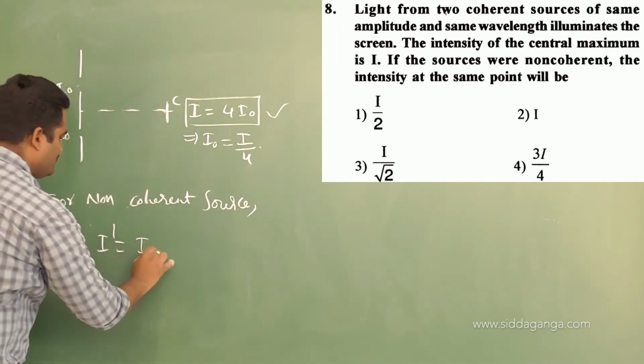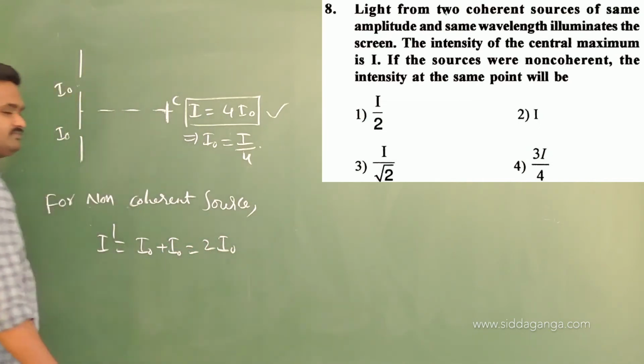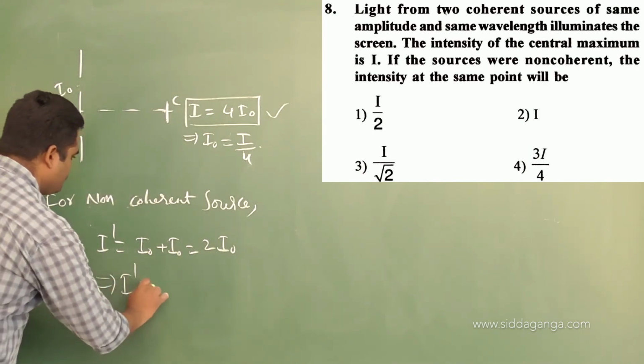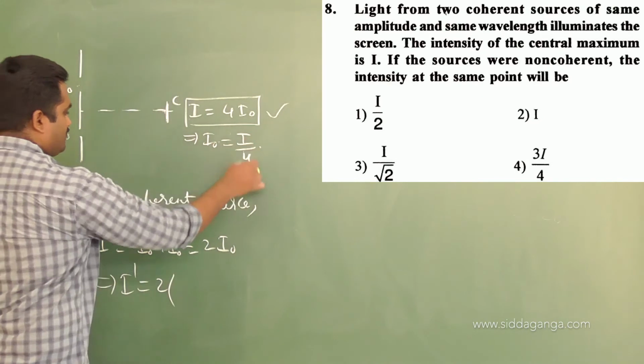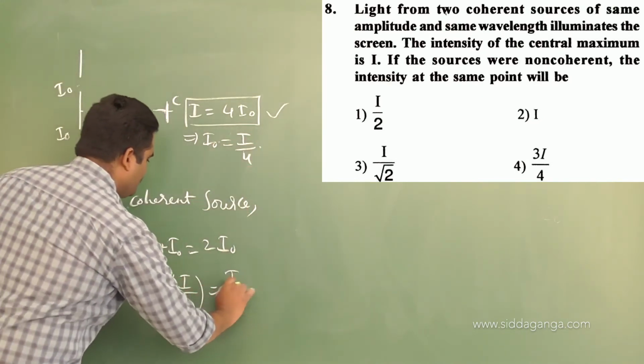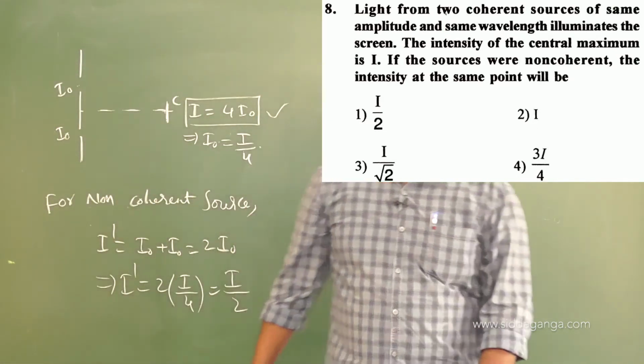Sum of these two means what? I naught plus I naught. So that is 2 I naught. 2 I naught means how much now? I dash equals 2 into I naught value, which we got in terms of the given parameters as I by 4, so that is I by 2. Intensity is going to become I by 2. That is the answer.